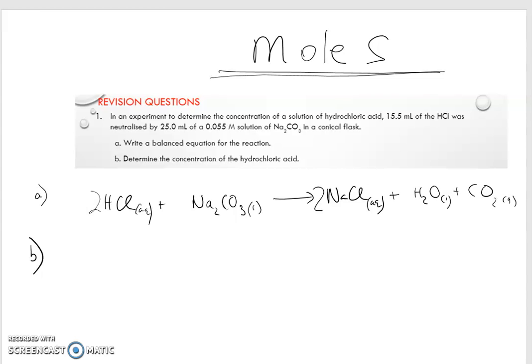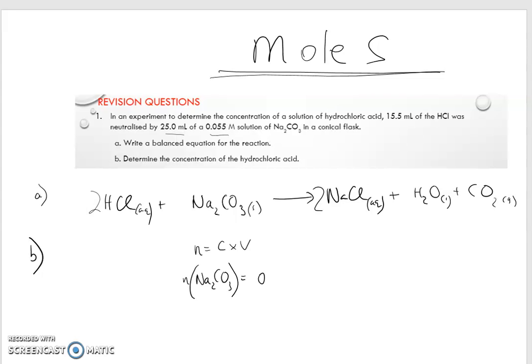We use these coefficients, and these coefficients speak of molar ratios. So we need to always talk about moles. So we have a concentration value and a volume value, so we can use those two values to find the moles of sodium carbonate that I have.